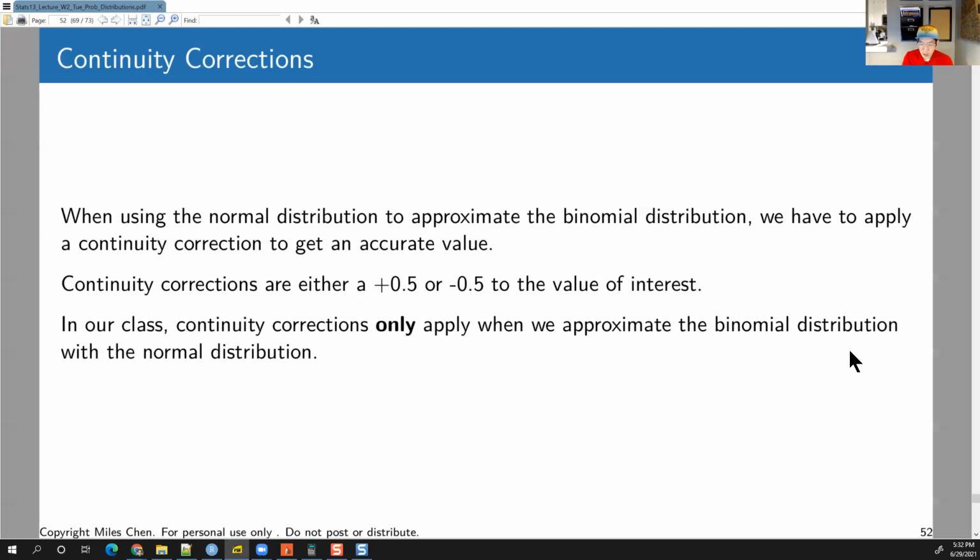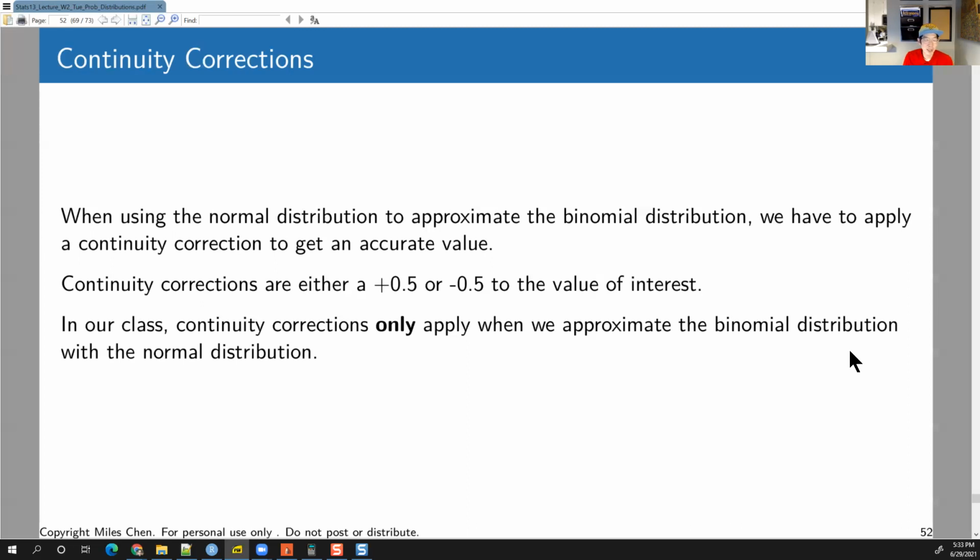One thing to note is that this continuity correction business is only applied in this exact scenario, when we're trying to approximate the binomial distribution with the normal distribution. Sometimes students get confused and apply the continuity correction to a regular normal distribution problem, or to a regular binomial problem.